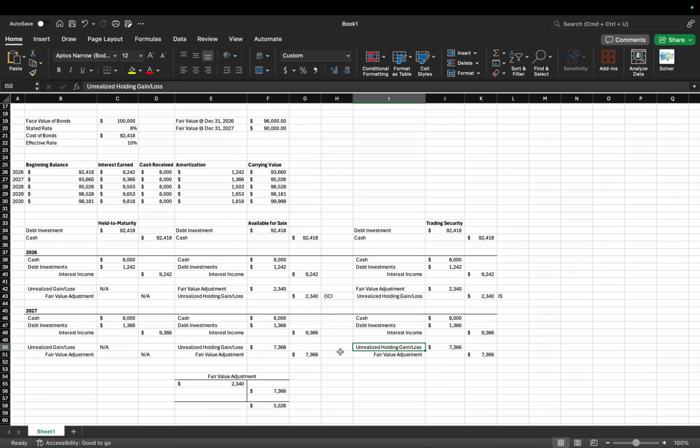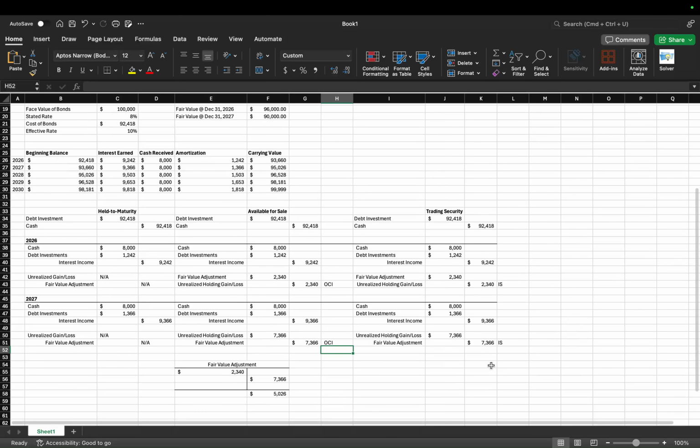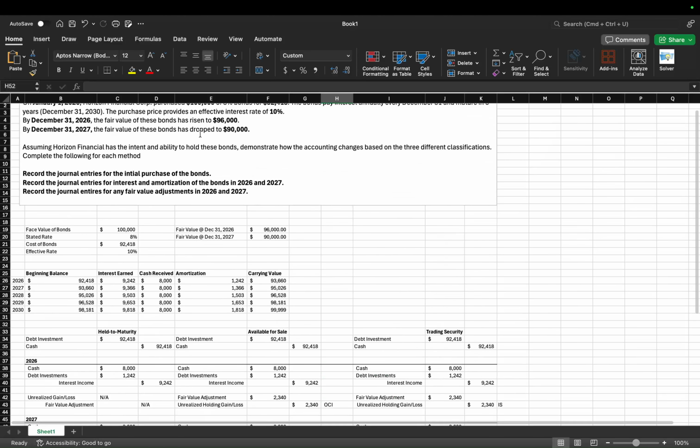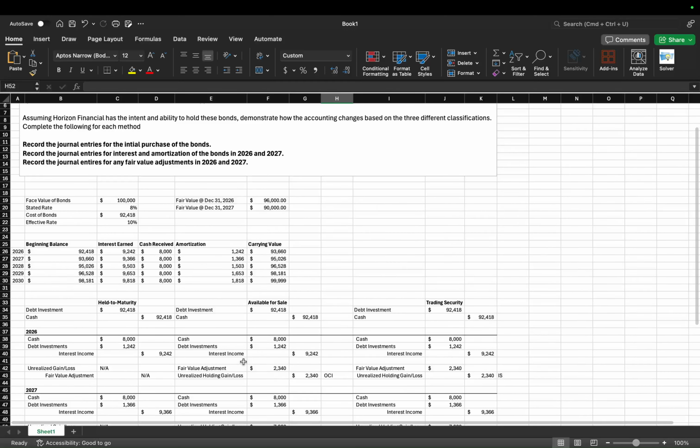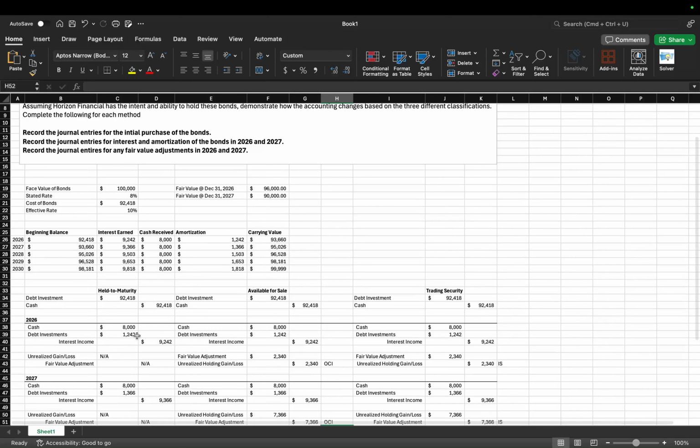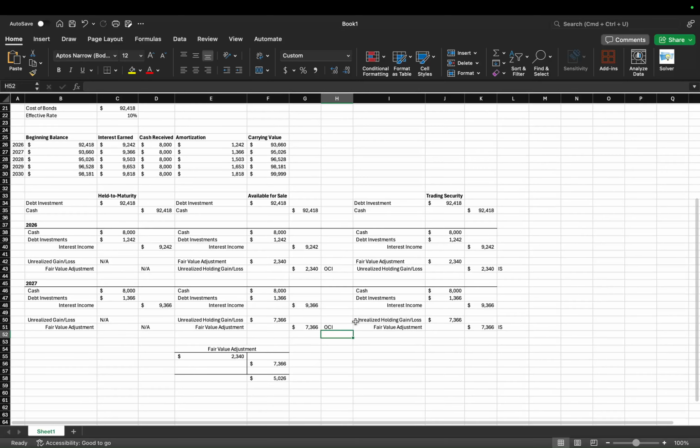However, again, in the available for sale method, it'll be under other comprehensive income, and then under the trading security, it'll be under the income statement. And that's the journal entries for the purchase of the bonds, recognizing interest and amortizing the discount on the bonds, and then recording the journal entries for fair value adjustments.